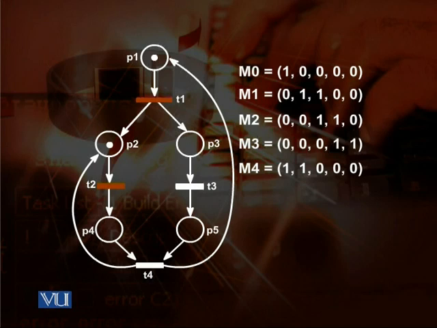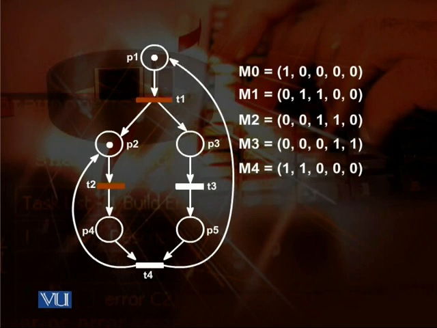Note one thing here, from marking M1 to marking M4, we have these vectors: M1 was 0, 1, 1, 0, 0, M2 was 0, 0, 1, 1, 0, M3 was 0, 0, 0, 1, 1, M4 is now 1, 1, 0, 0, 0.